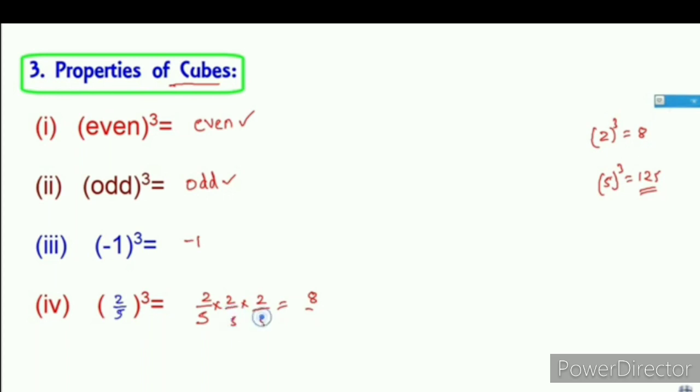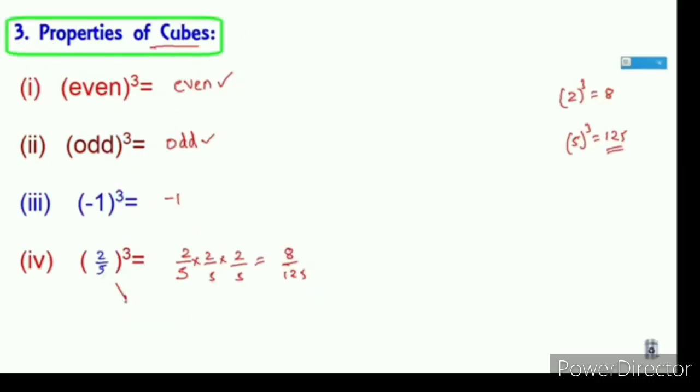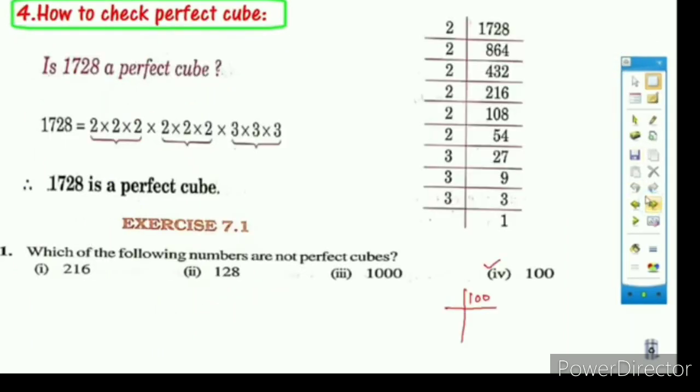Example, 2 by 5 whole cube equal to 2 by 5 into 2 by 5 into 2 by 5, that is equal to 8 by 125. Or else you can write it separately, take the cube of the numerator and denominator, then you can get the same number, 8 by 125.